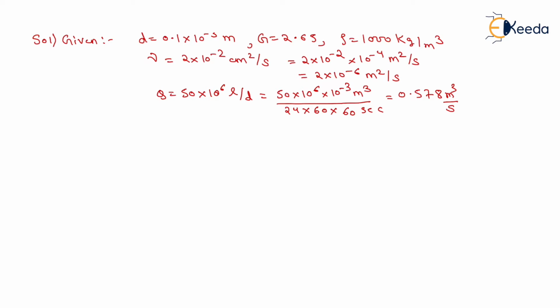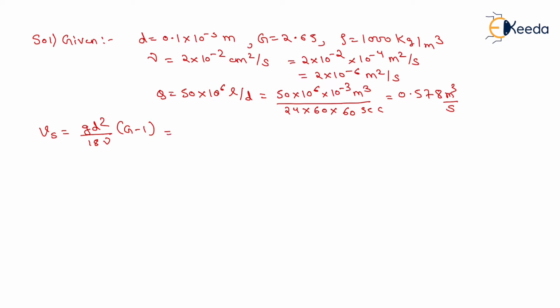Okay, now we will go for the settling velocity calculation, which will be equal to g d square upon 18 nu times (G minus 1). Here I used the formula g d square upon 18 nu because in place of dynamic viscosity, kinematic viscosity is given.